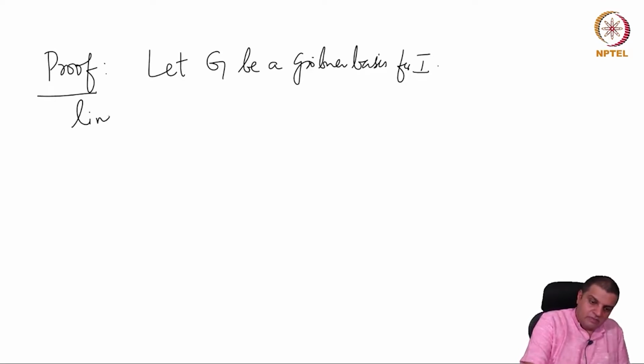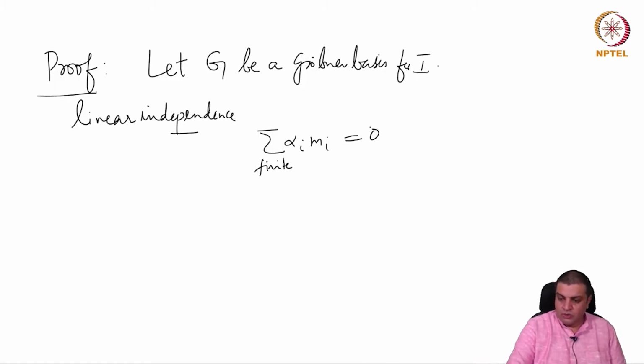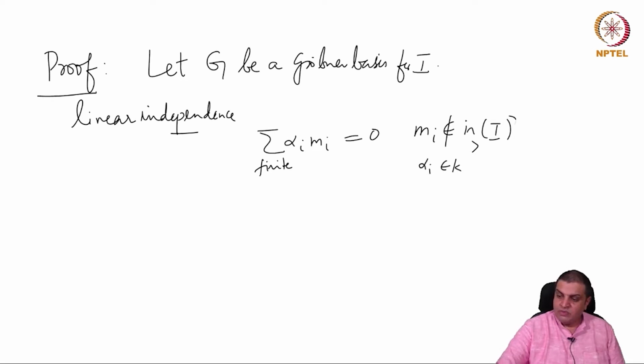Linear independence. Suppose we have some finite sum of alpha_i m_i equal to 0, with m_i not in the initial ideal of I for all i, and alpha_i inside K. So a K-linear combination of elements in this potential set, let's say it is 0.